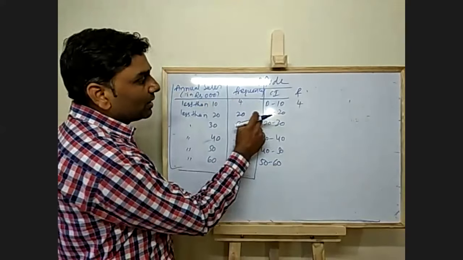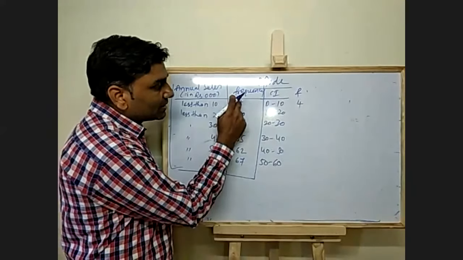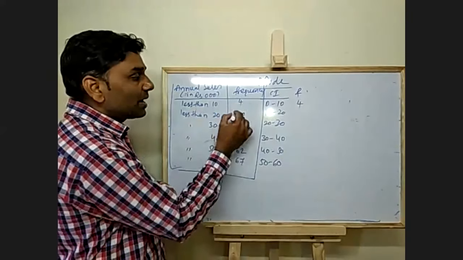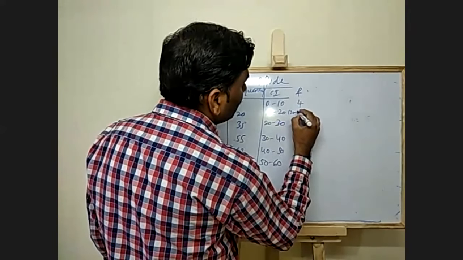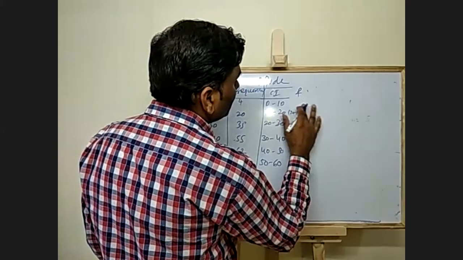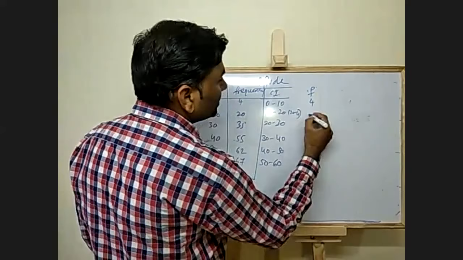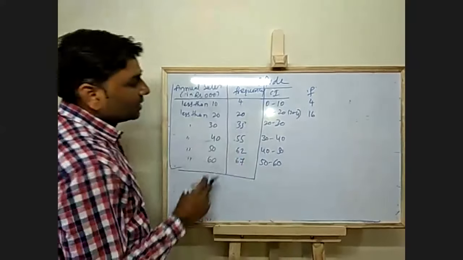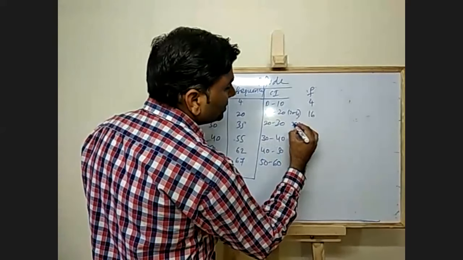Now how to calculate this frequency? What you have to do? This minus this. That is 20 minus 4. So what is the frequency here? 20 minus 4 is 16. Next, 35 minus 20.